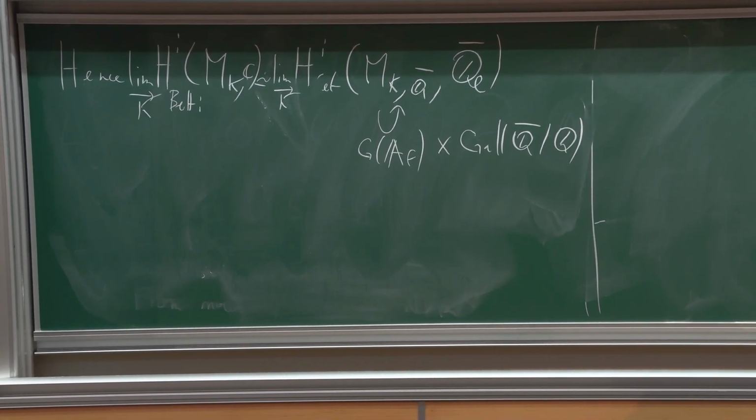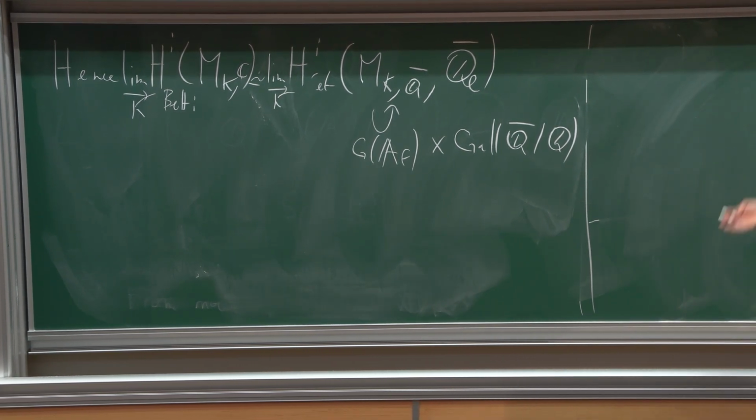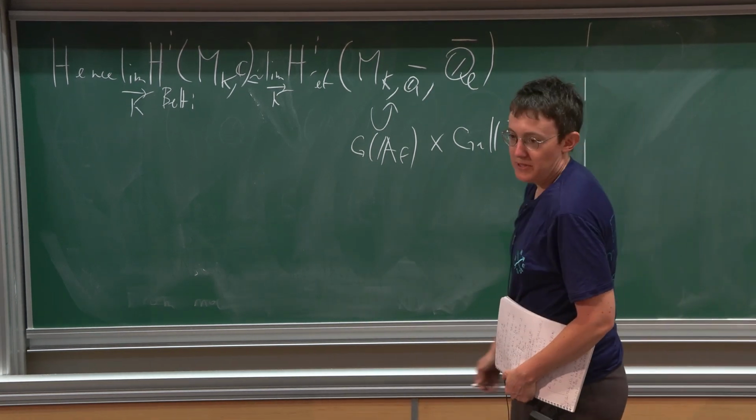If you want to go to finite levels, you can also define a Hecke algebra over Q, and it's in the notes.